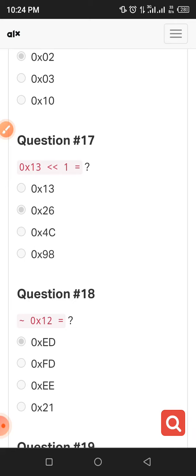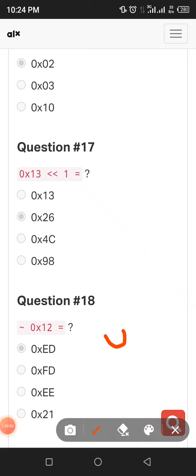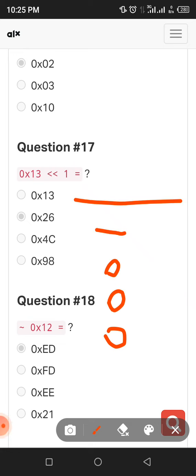0 0 1, that is for 1. 3 is what? 0 0 1 1, that is 3. So if we move it how many times? Once to the right, is going to add another 0 here, then this guy is going to be erased out.